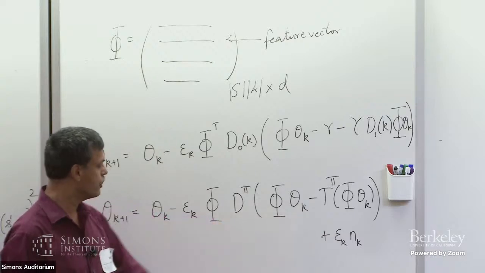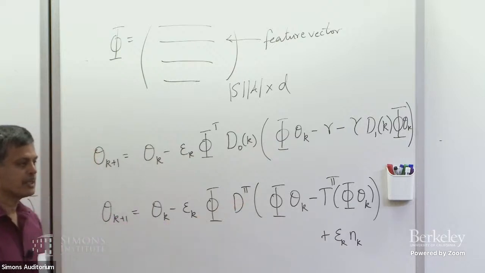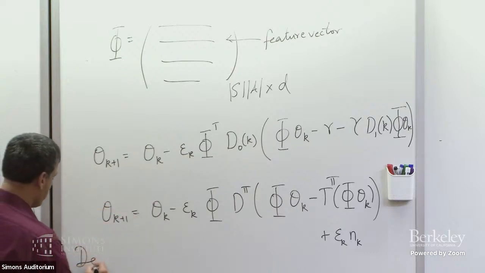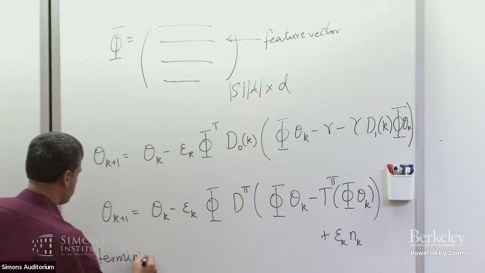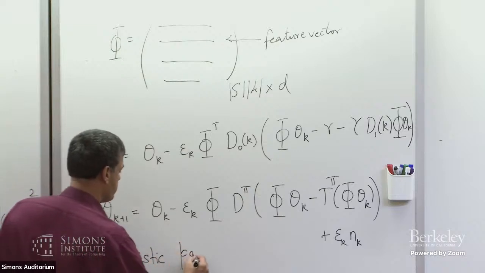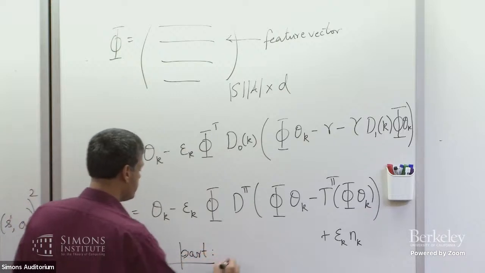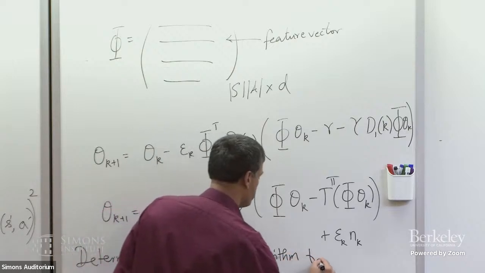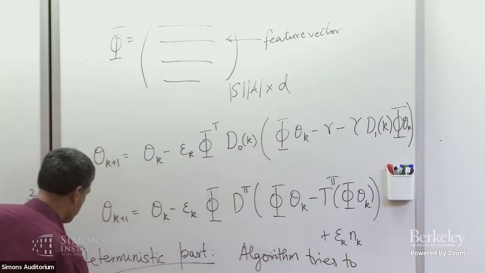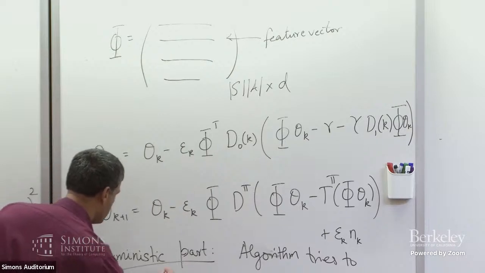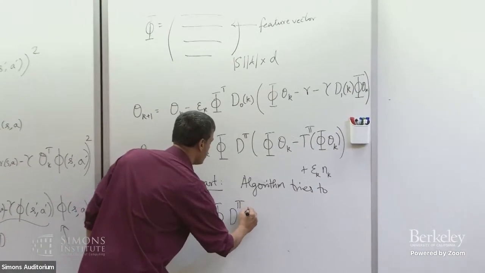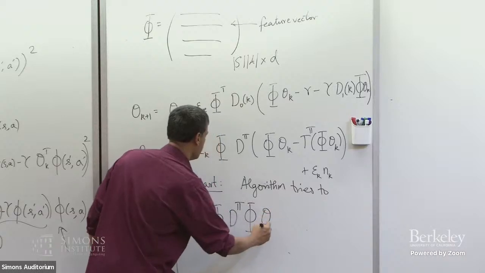Okay. So let's see an answer to this question. What does this try to solve? If you look at the deterministic part, the algorithm tries to converge to this point.